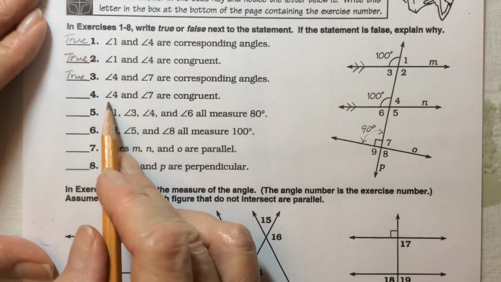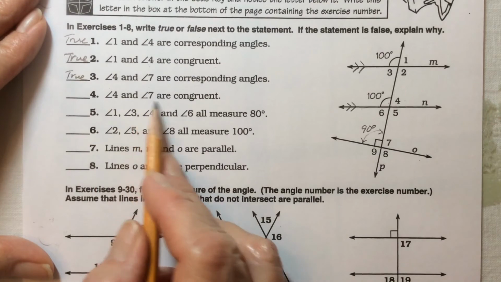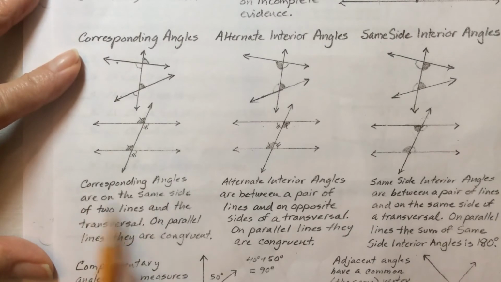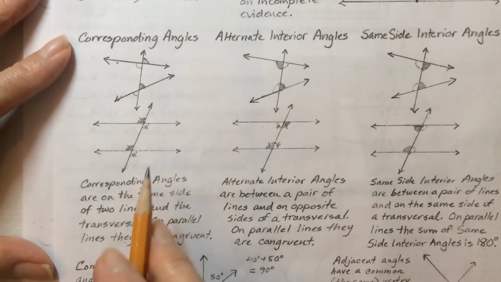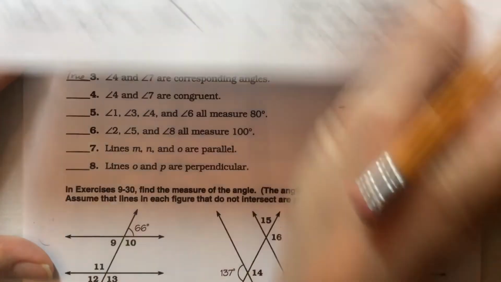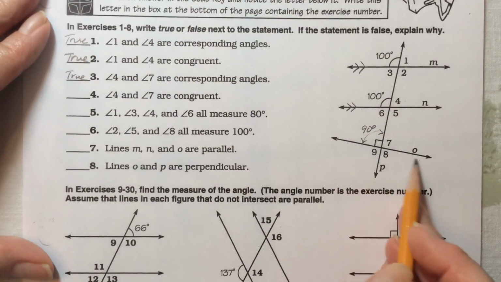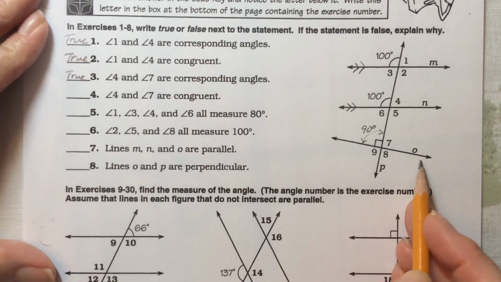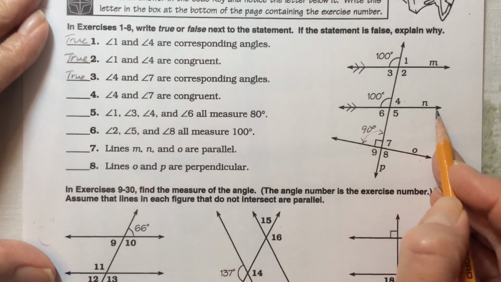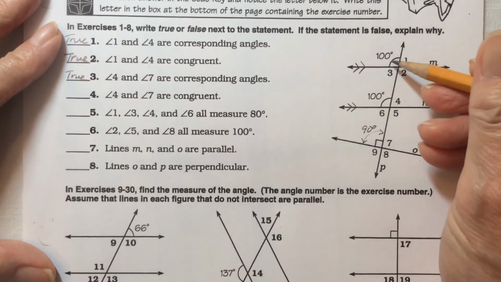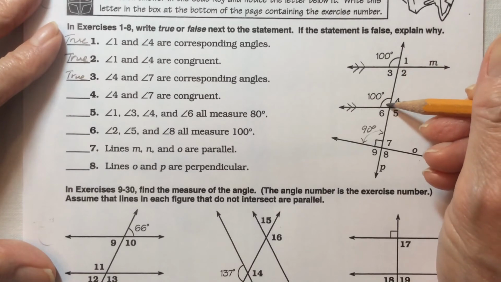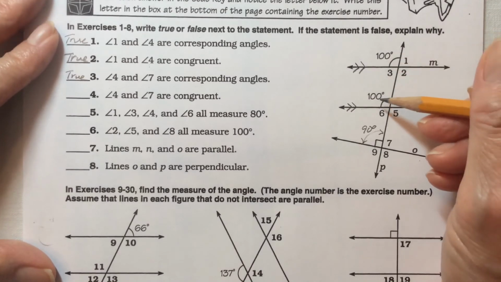Now, the next statement is that angle 4 and angle 7 are congruent. So they are corresponding angles, but on parallel lines, these angles are congruent. But are these on parallel lines? Well, this line looks like it's slanting down, and this line is going in this direction. And we knew that these two lines were parallel because this corresponding angle and this corresponding angle were both 100 degrees.